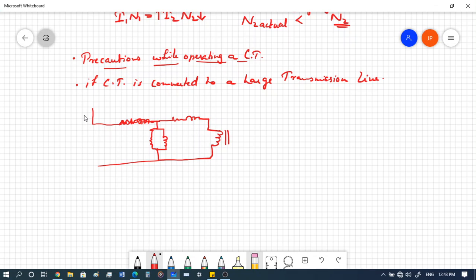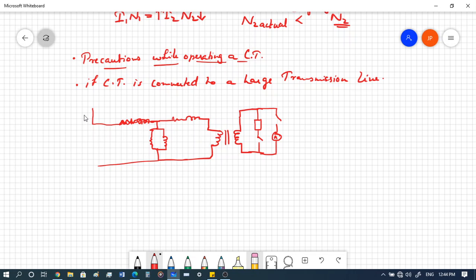I'm not drawing it very clearly because we have already drawn this figure. So here what we need to take care of is that we always have a parallel circuit with a small resistance. The reason is that we'll have a switch over here and another switch and an ammeter. So this is how a conventional CT is connected.